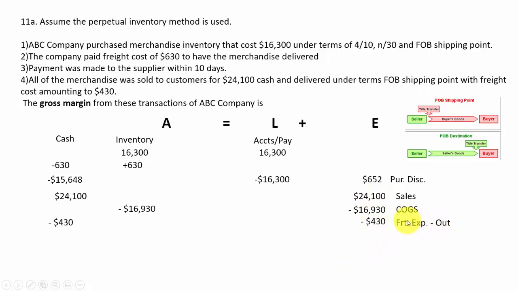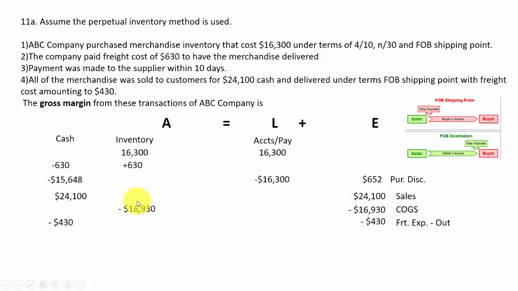This particular freight is freight expense under operating expenses, whereas the freight up here that we paid was part of the inventory, and it goes as part of inventory cost. So it's two different things altogether. When we spent this $630 on freight, notice that the entire $630 was part of the cost of goods sold.